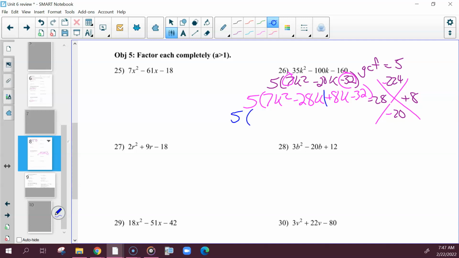Out of the first 2, we could divide out 7 and k, leaving k minus 4. And out of the last 2, we can divide out 8, leaving k minus 4. So you would bring down your GCF and rewrite your 2 factors.